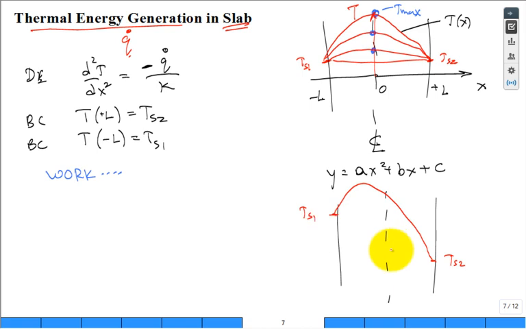It's quadratic, but where's the maximum located? It's located not at x equal to 0 anymore, right? This is x equal to 0, negative L, plus L. It's going to be located at x less than 0. And if I switch it around and let TS2 be high compared to TS1, it shifts it. Okay.